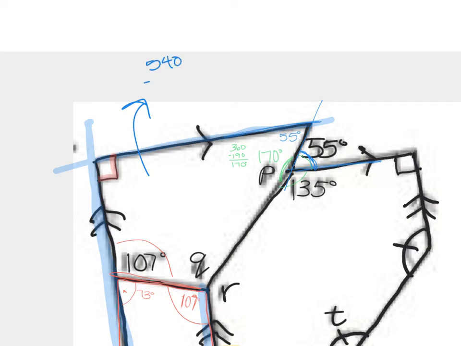I've used up 90 plus 170, so 260, plus 107, so 367, plus 55, so 422. 540 minus 422 is 118 left for Q.